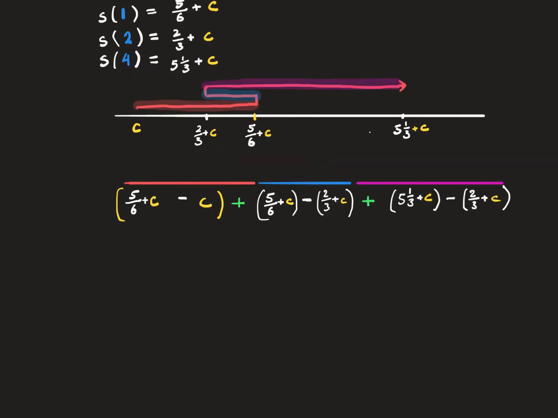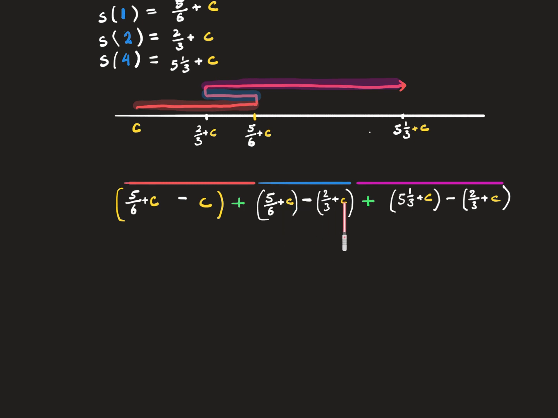For total distances covered, you'll find that the constant of integration should always cancel. Have a look here. You've got plus c, take away c. These two will cancel. You have plus c here, and that negative will cancel out this c.